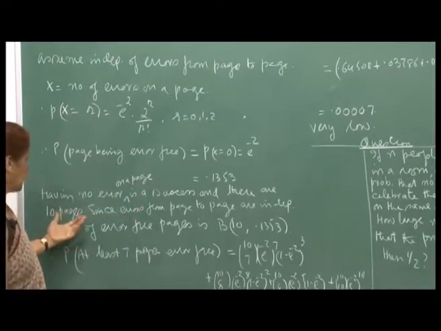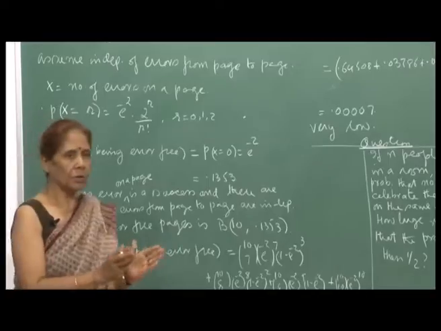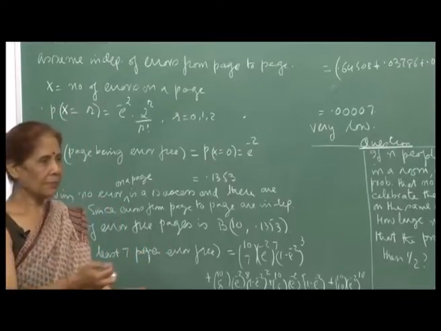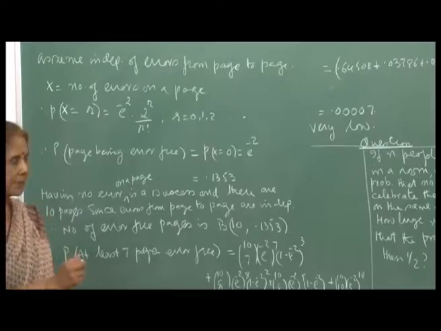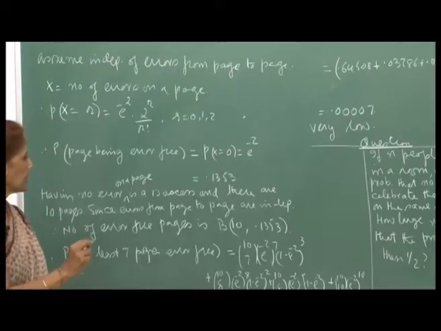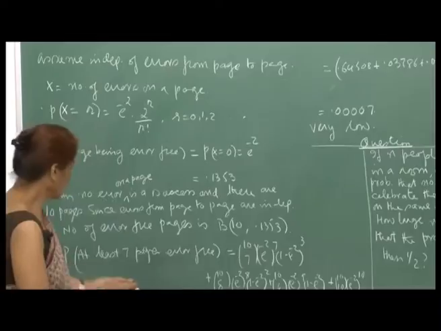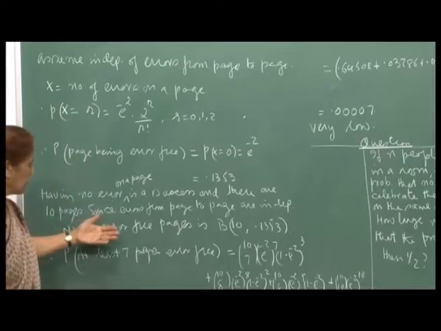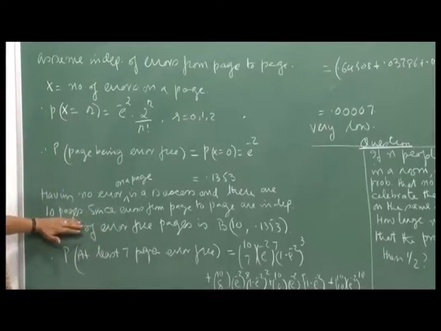Since we are looking at 10 pages, I will consider scanning every page as a trial of the experiment, and if there is no error on the page, that will be a success. So this is ideal for a binomial random variable. Since the errors from page to page are independent, I will treat this as 10 independent trials, and if a page turns out to be error free, that is a success. What is the probability of a page being error free?